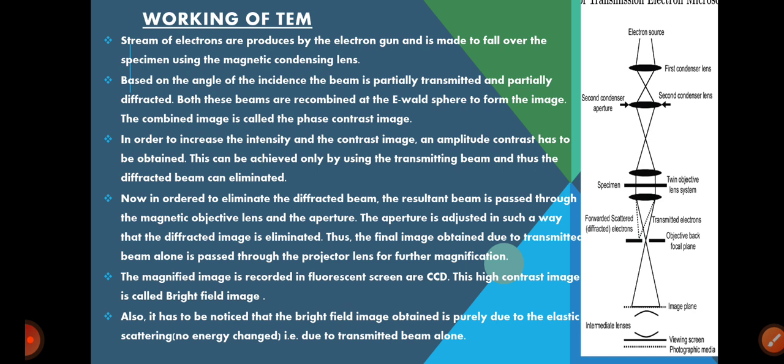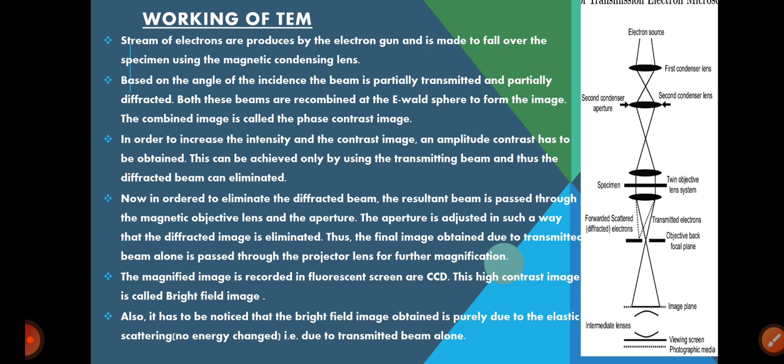Now, in order to eliminate the diffracted beam, the resultant beam is passed through the magnetic objective lens and the aperture. The aperture is adjusted in such a way that the diffracted beam is eliminated. In the previous slide I told you that we eliminate the diffracted beam to increase the contrast of the image.